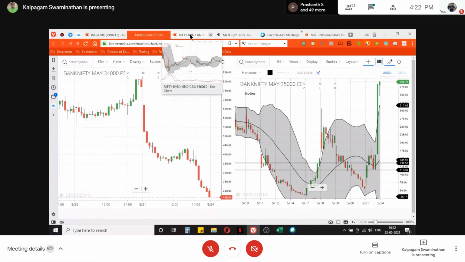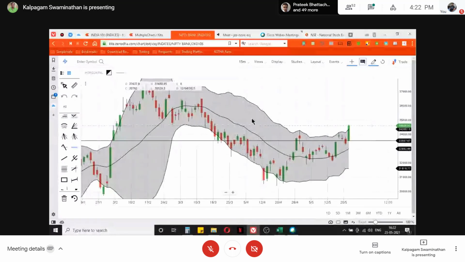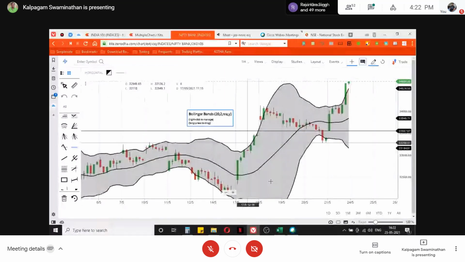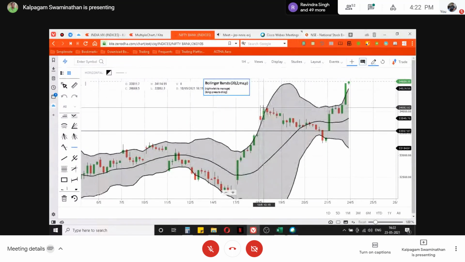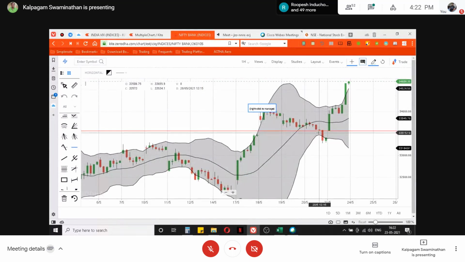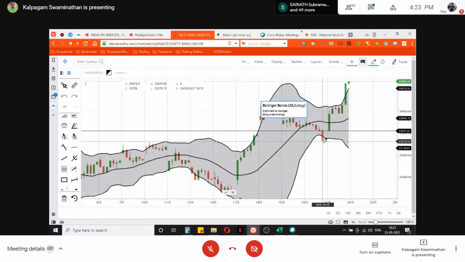Okay. Yes. See, let's be very clear about this Bollinger Band theory. Let me go to the 15-minute chart or maybe even a 1 hour chart. See, when the price reaches the extreme of the Bollinger Band, then price has to retrace back within the band. I remember also seeing that message of Swaminathan where he had mentioned that it has crossed below the 20 period moving average line and he expects it to come down to the lower band.